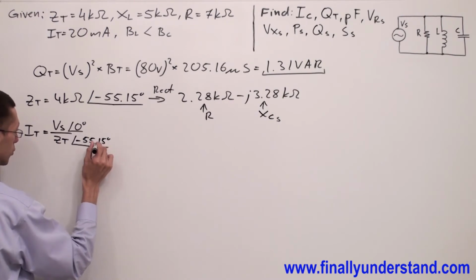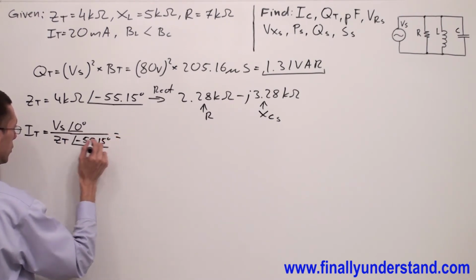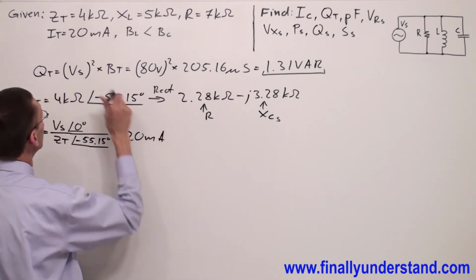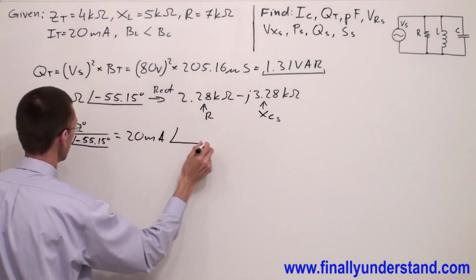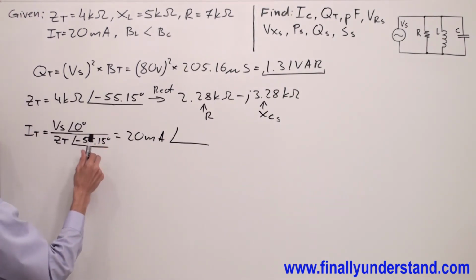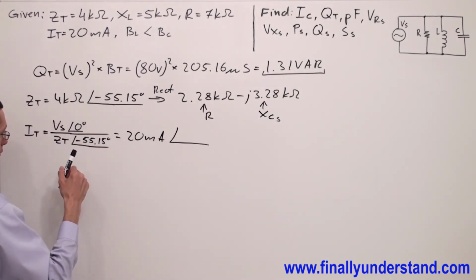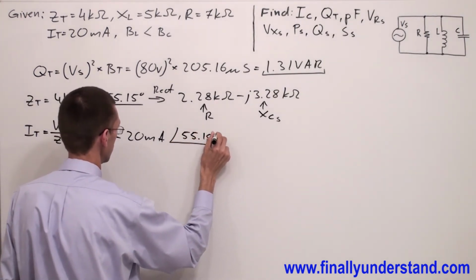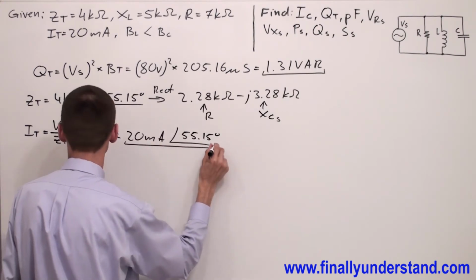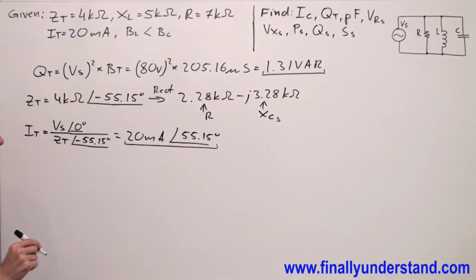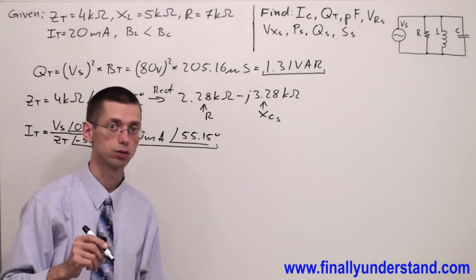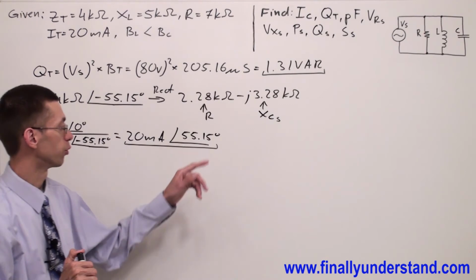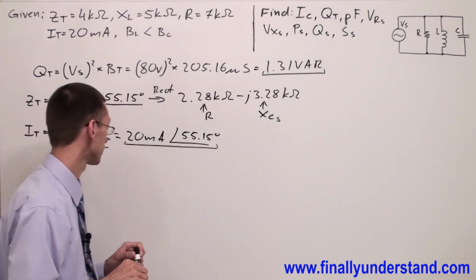So I total is equal to 20 milliamps, and to find the angle, you subtract these two angles. So 0 minus negative 55.15 gives me 55.15 degrees. So it means that the total current in my parallel circuit is going to lead the voltage source by 55.15 degrees.